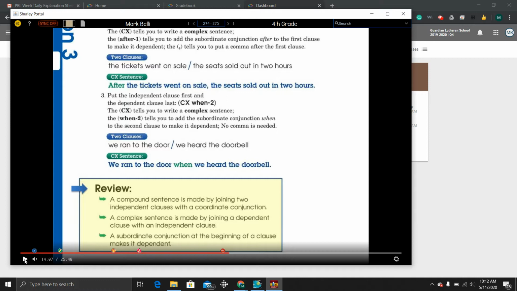And then you really have two different ideas that are being connected, but they're whole ideas. One of them just has to have help. That's why it's called dependent or subordinate. Don't worry if you haven't caught on quite yet. Surely English will provide you with plenty of opportunities to master this concept.